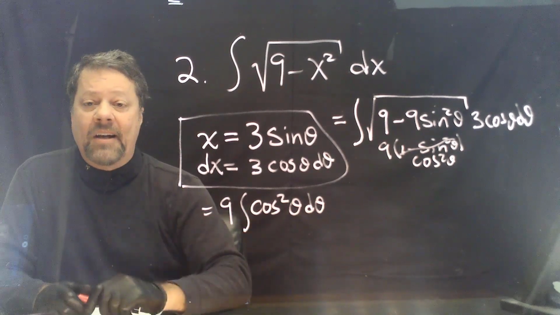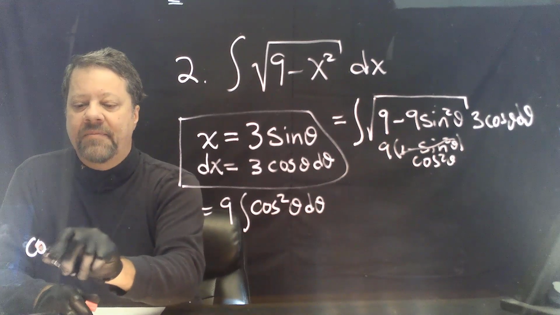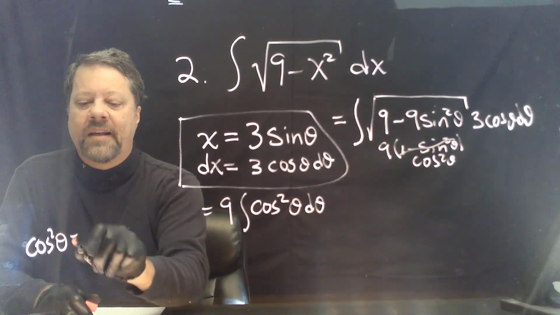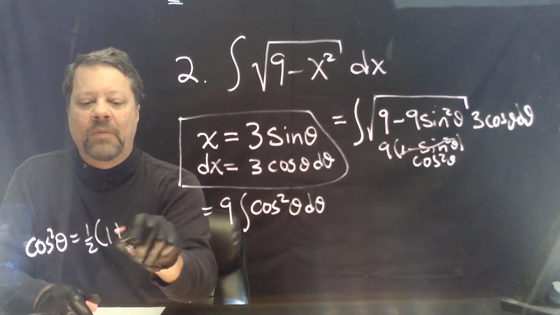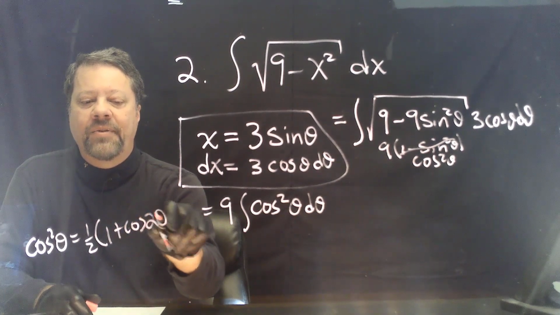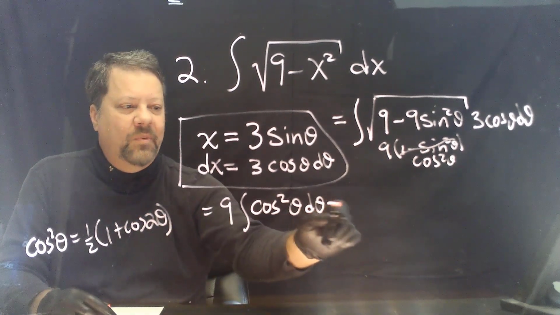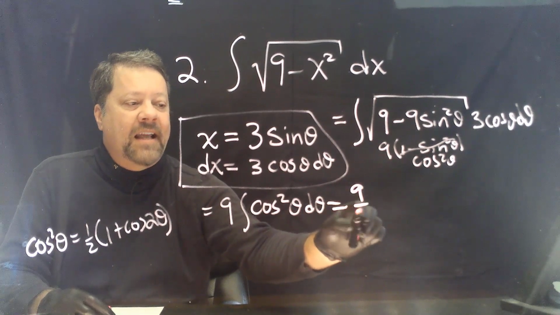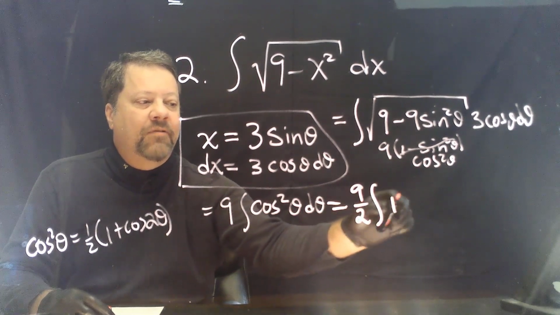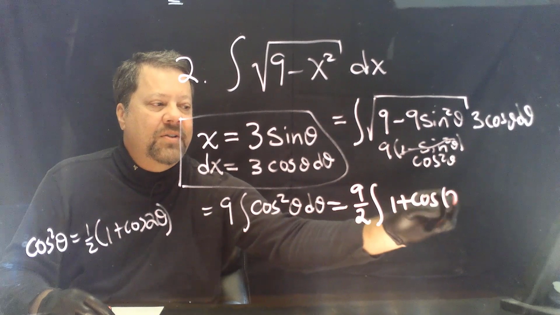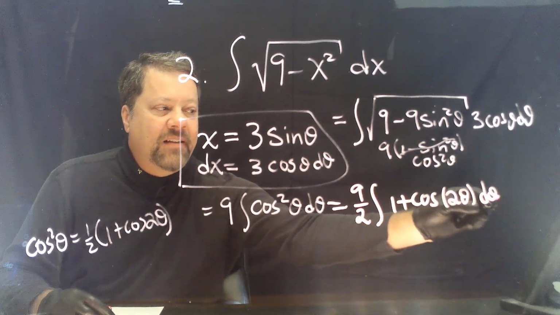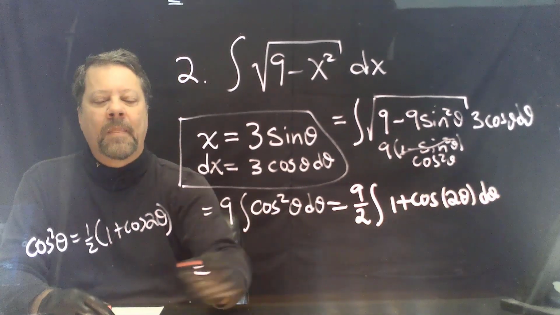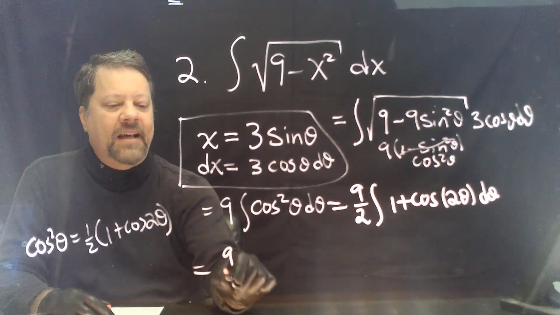It's necessary now to use our half angle identity. Cosine squared theta is 1/2 times (1 plus cosine of 2 theta). We have then 9/2 times the integral of 1 plus cosine 2 theta d theta. So we have this 9/2.